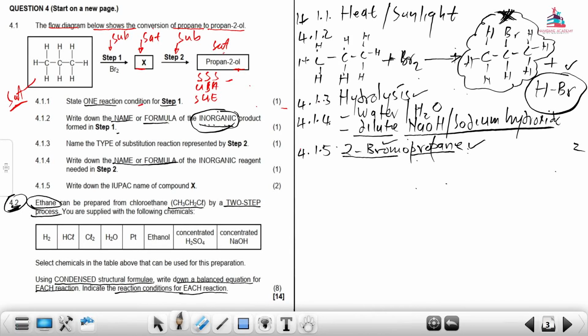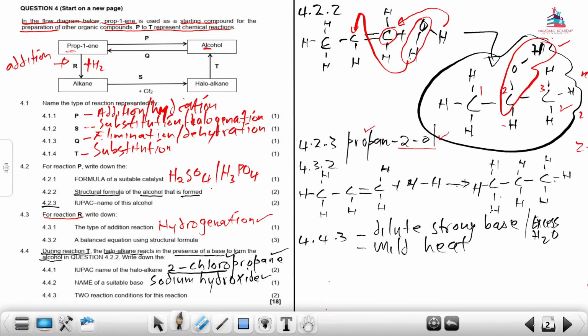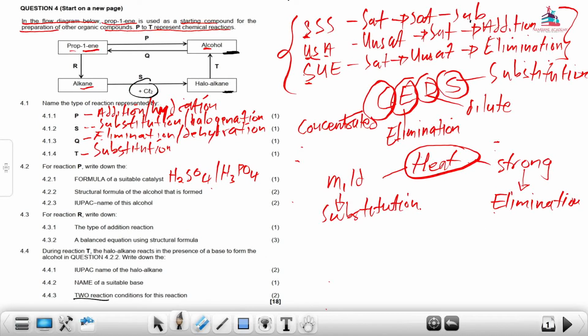So the only way of me creating a double bond, because I am going to start with a haloalkane, is if I start from saturated and form now an unsaturated organic molecule, then that reaction will be elimination.